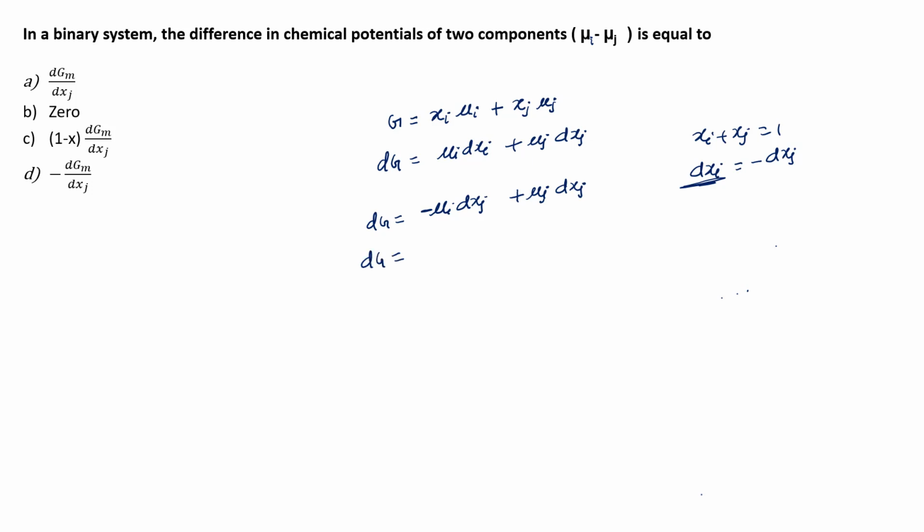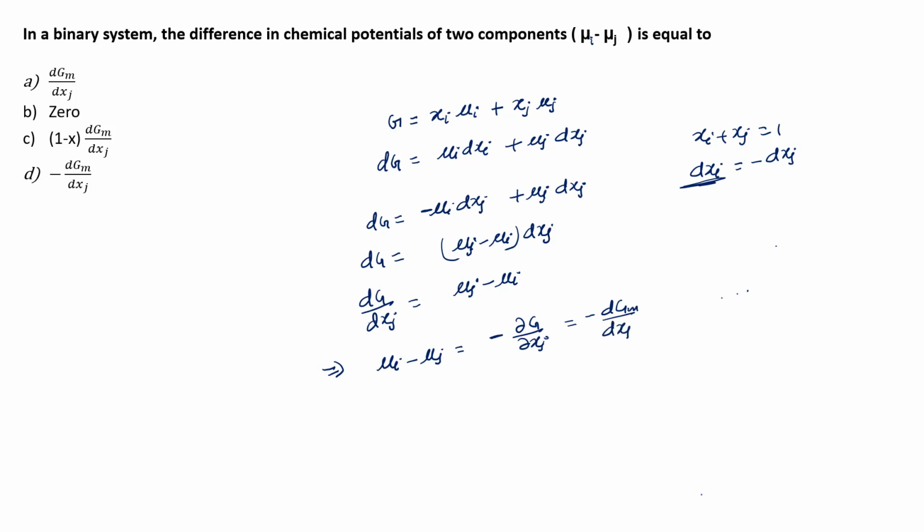So we can write dG as mu j minus mu I times dxj. So dG by dxj is equal to mu j minus mu I. This implies mu I minus mu j is equal to minus dG by dxj, right? So it will be option D.